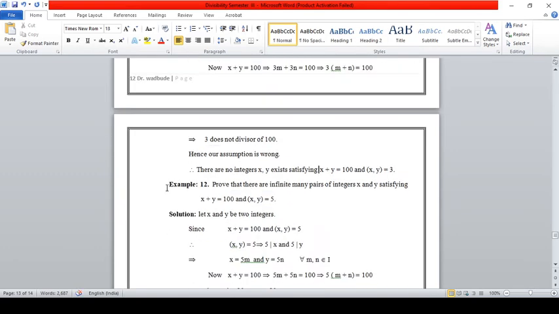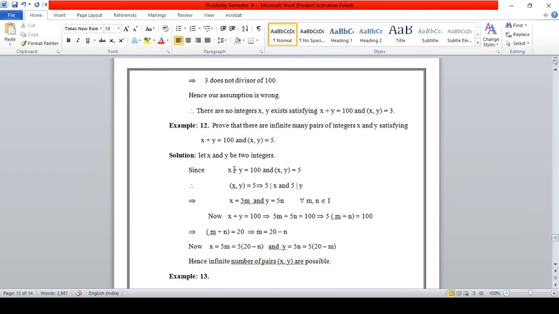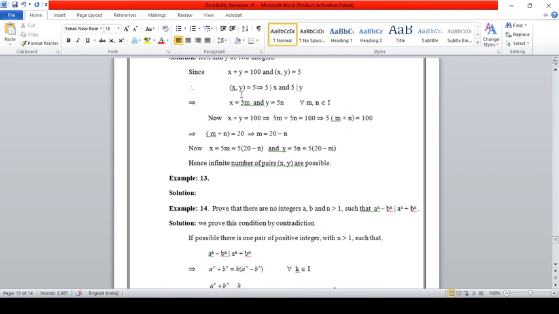Next example 12. Prove that there are infinitely many pairs of integers x and y satisfying the same equation, x plus y is equal to 100, and their GCD is 5. Let x and y be two integers with this equation and GCD given. GCD of x and y is 5, which means 5 is a divisor of x and 5 is a divisor of y.